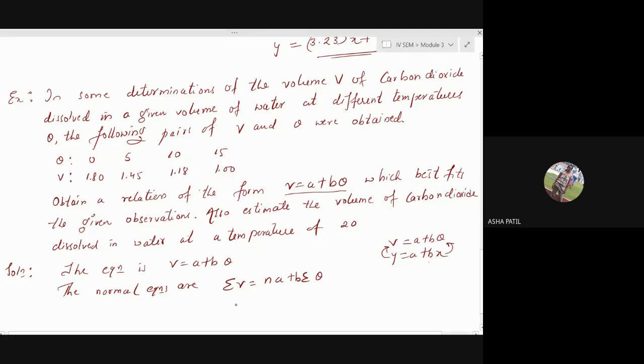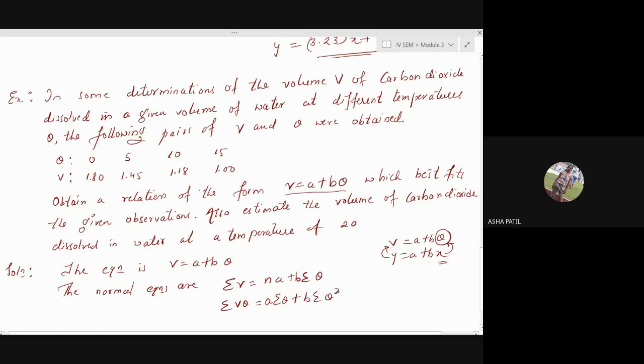Second one, first one you will write, however, second one see that you will do it correctly. By what value you will be multiplying here? In y equal to a plus bx, you will be multiplying by x, right? So here you have to multiply by theta. You get summation V theta equal to A summation theta plus B summation theta square.